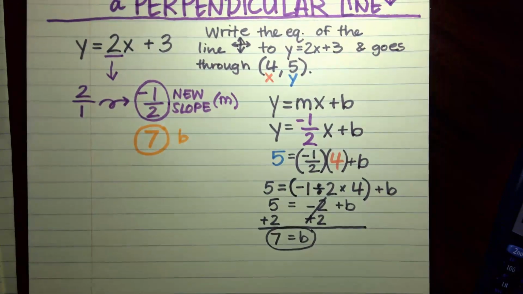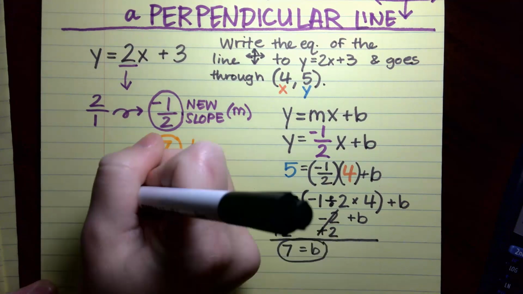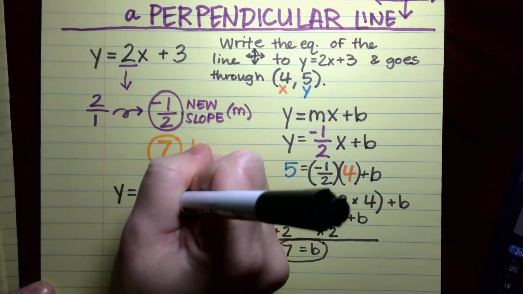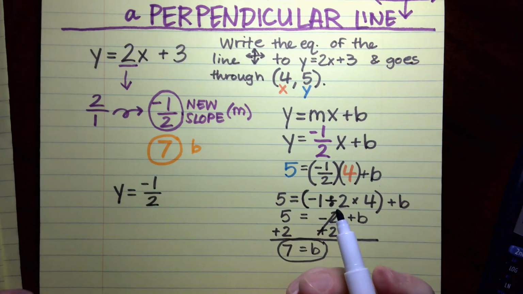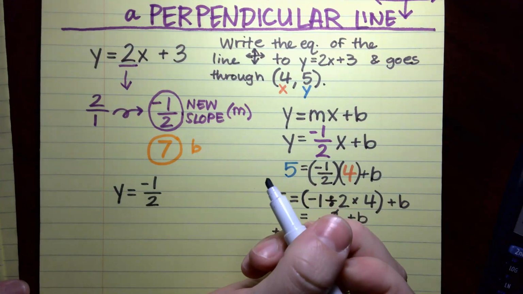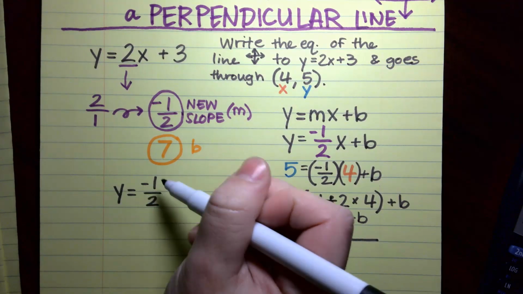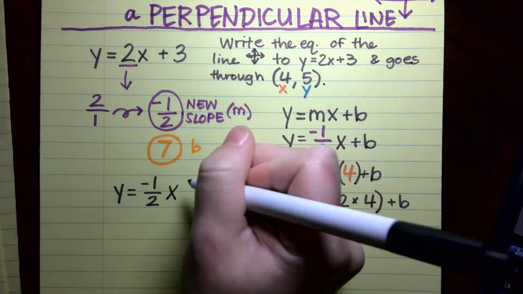So what am I writing for my new equation? y equals negative 1/2 plus 7. Not negative 1/2 plus 7. What am I missing? x. I remember this. Good. So we're going to write y equals negative 1/2 x plus 7. You got it.